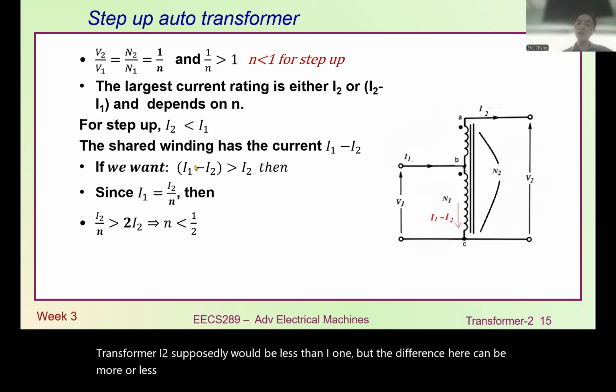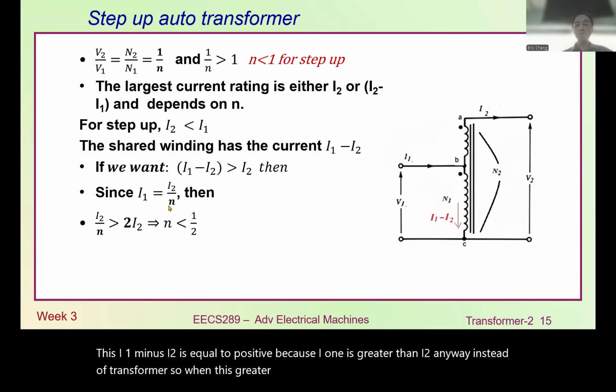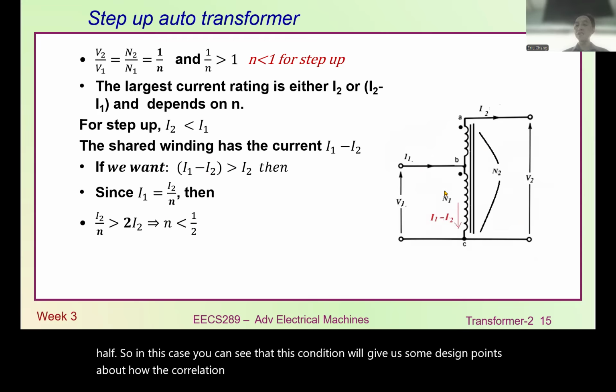So we examine I1 minus I2. This I1 minus I2 is positive because I1 is greater than I2 anyway. It's a step-up transformer. So when this is greater than I2, we come up with n should be less than half. So in this case, this condition gives us some design concept about the correlation between the winding in here and the winding current in I2.